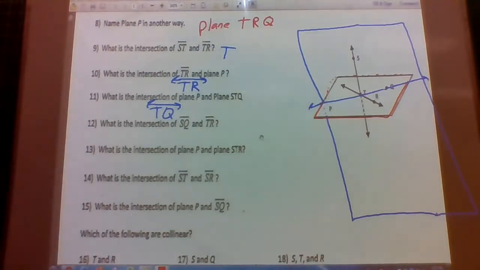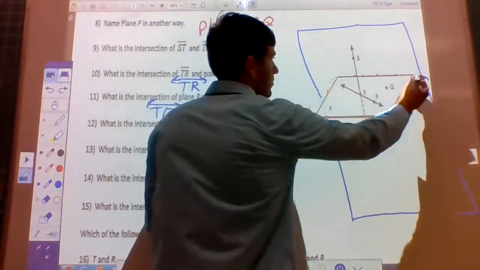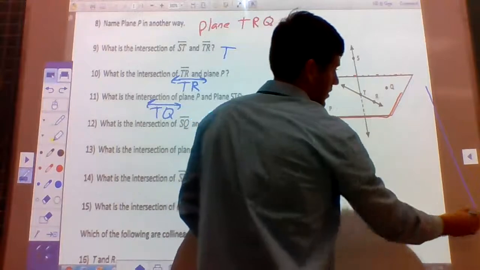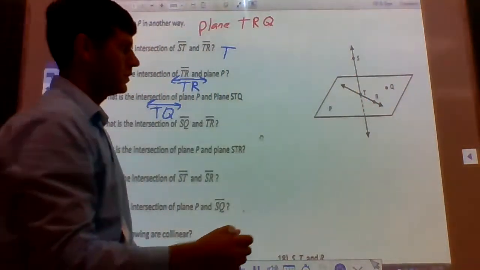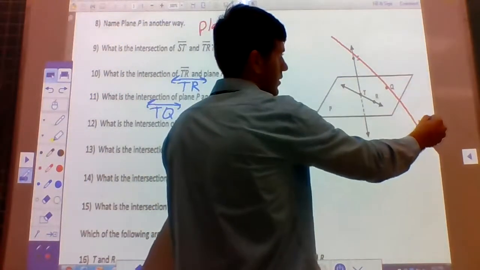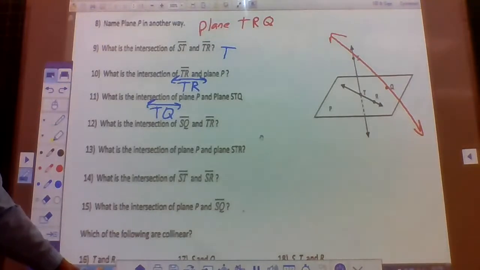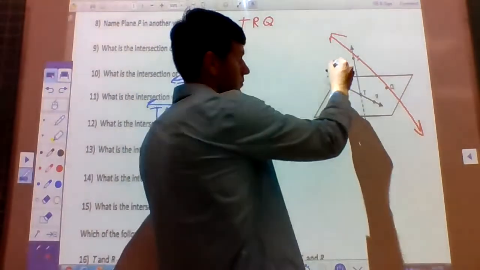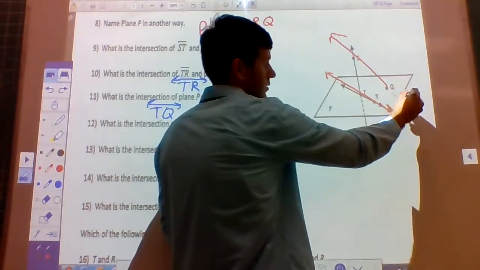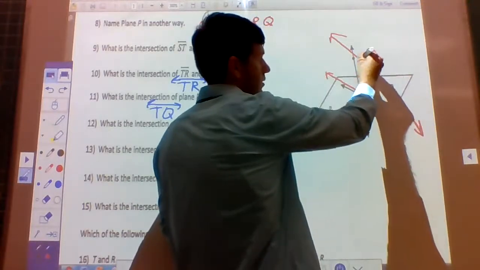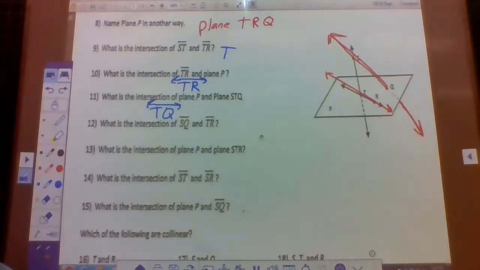What is the intersection of line SQ and TR? So what are they? Line SQ and line TR. This is again below the plane, and this is going above the plane.